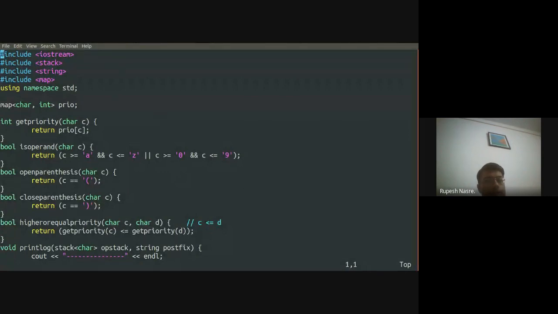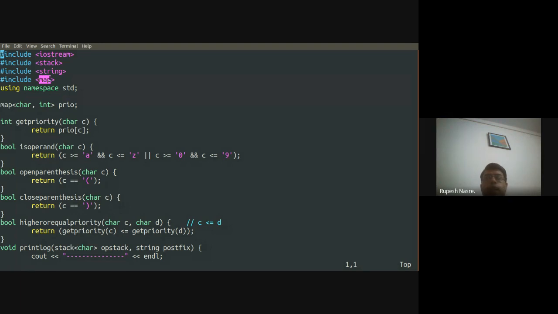We again have the iostream, stack, string, and I'm using a new STL structure now, which is called a map. What is a map? Map is essentially a key value store.